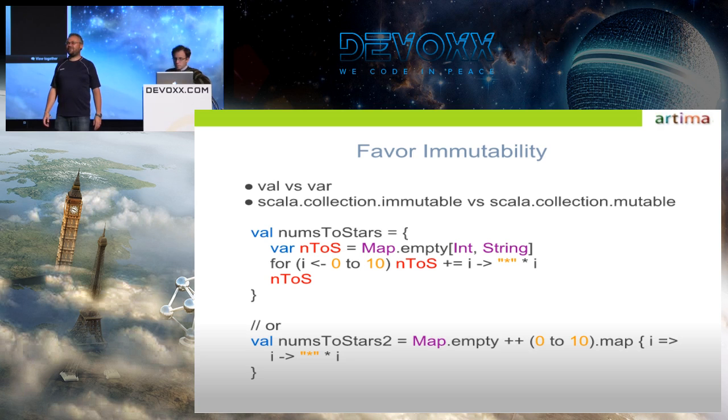I have a color scheme for IntelliJ that turns all the vars in my code red. It's not a compile error. They just show up in the source code and they're red wherever you use them. It's like a little cattle prod, a little zap every time you use one: maybe I shouldn't be using a var there. Is there any other way I can do this without using a var?